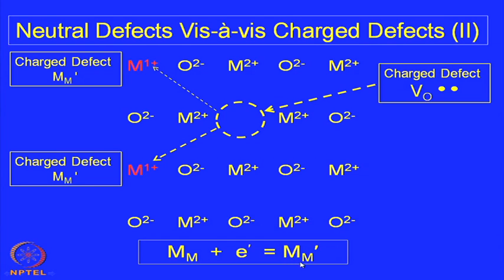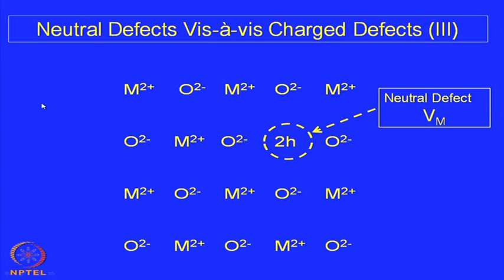That can be written as M at M site with one less positive charge, which can also be written as an effective negative charge. Effective positive charge is denoted by dots, whereas effective negative charge is denoted by prime. That is also another convention used in defect chemistry.